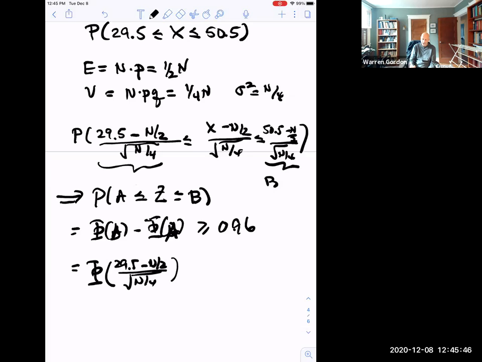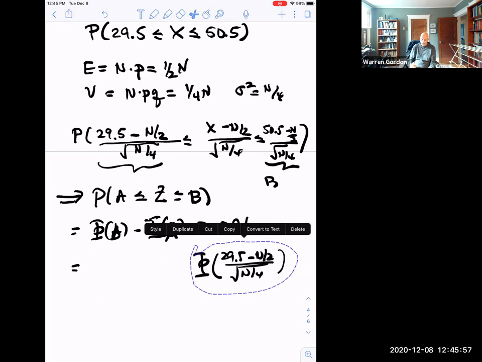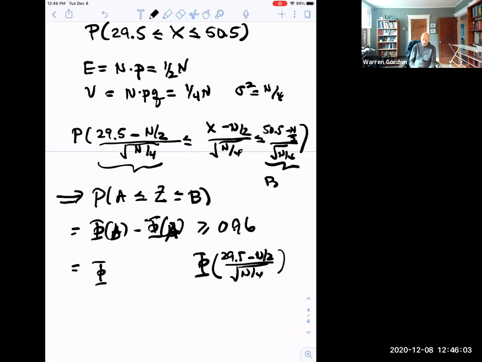Phi of B minus phi of A. So let me do this. Okay. And phi of B would be 50.5 minus n over 2. And now what I would do, I want this to be greater than or equal to 0.96.